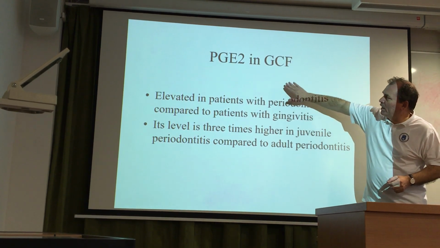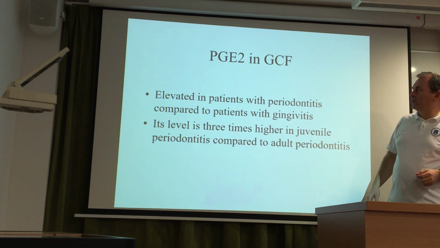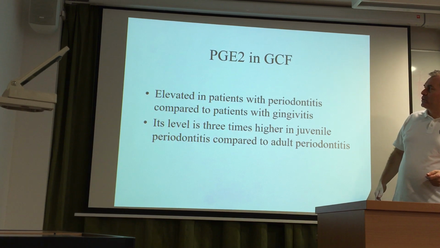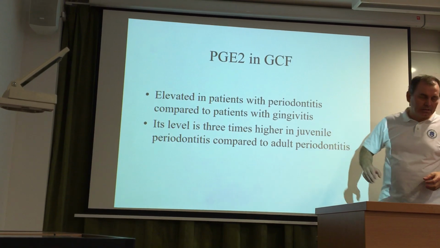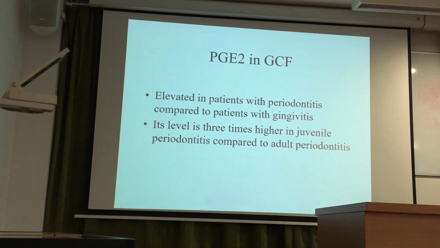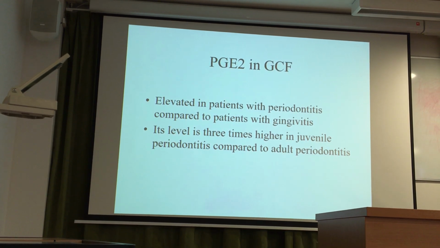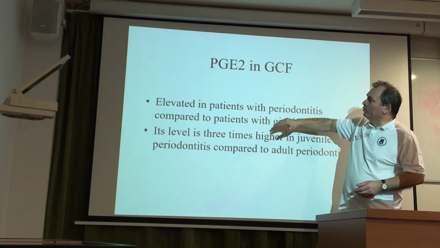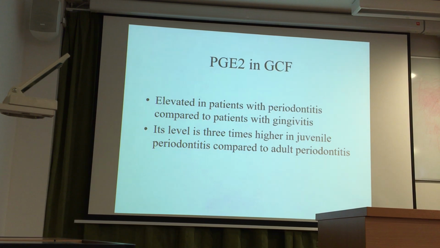And we have the inflammatory material. On page 8, for example, we have prostaglandin E2, which is a very sensitive marker for estimating bone destruction. Some interleukins too.